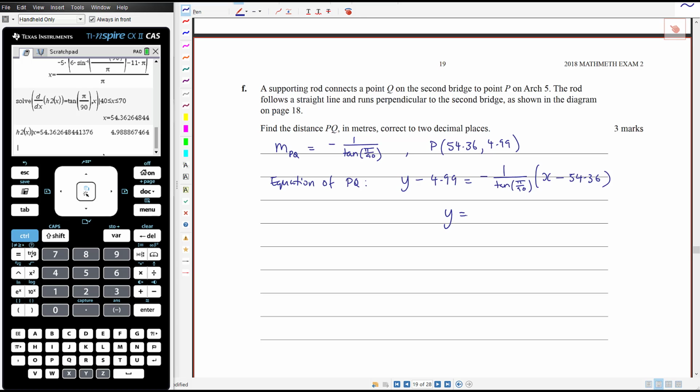Okay, so let's see if we can tidy that up a bit with some level of accuracy.